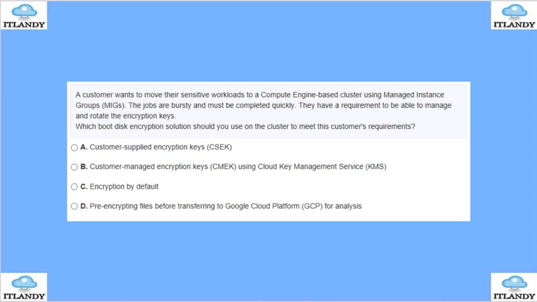Which boot disk encryption should you use to address the requirements? We're talking about big data, requiring burst boot up, CPU and RAM, plus encryption in place. Shall we use a customer-supplied key, a customer-managed key using cloud services, default encryption, or pre-encryption?